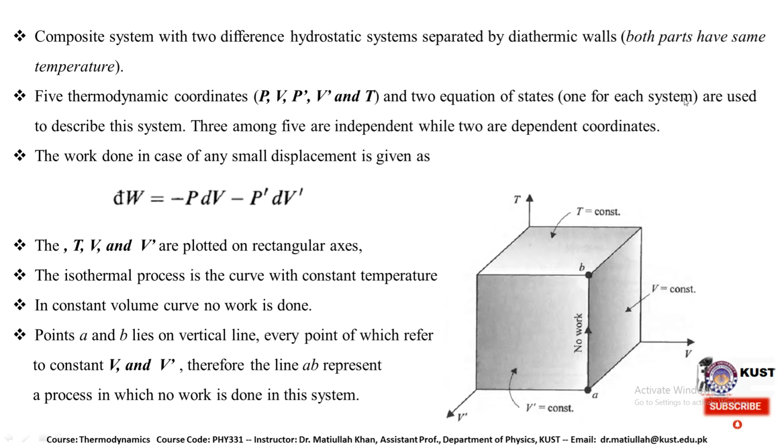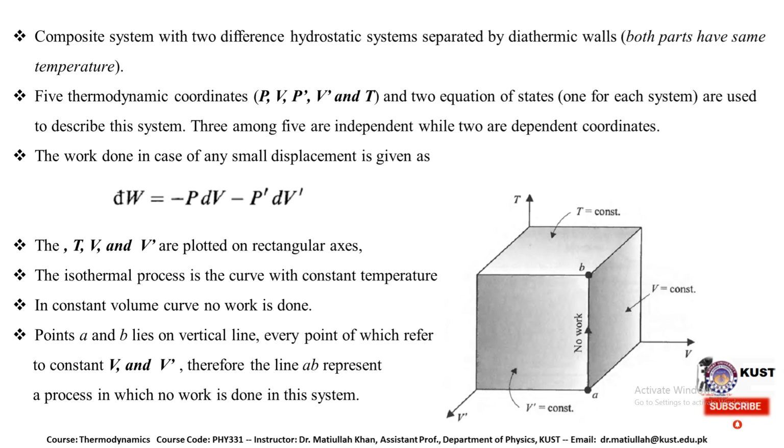We need to draw the work diagram on a rectangular axis, and the coordinates in this case are V, V dash and T. V is the volume of the first system, V dash is the volume of the second system, and T is the temperature of both systems, because both have the same temperature.